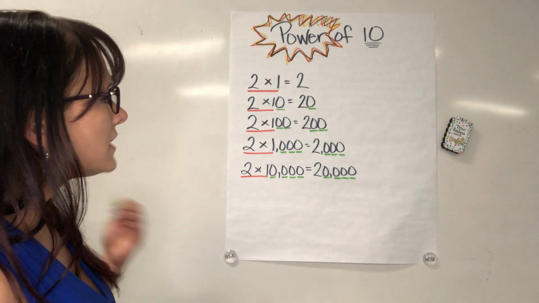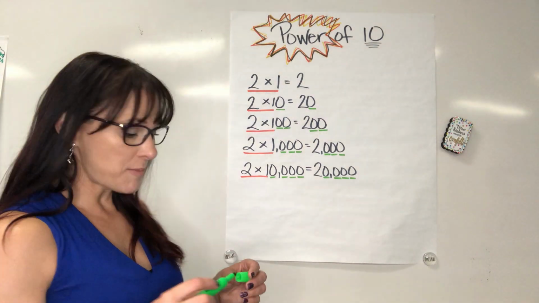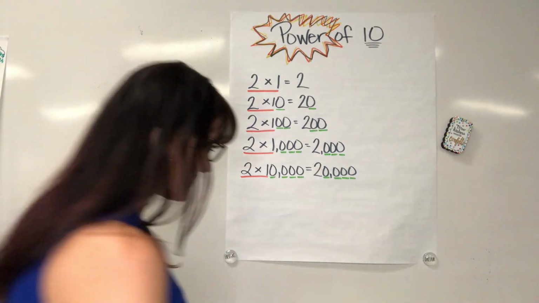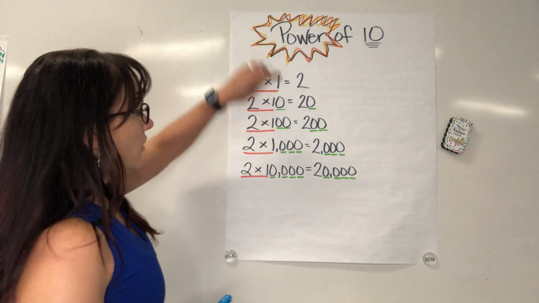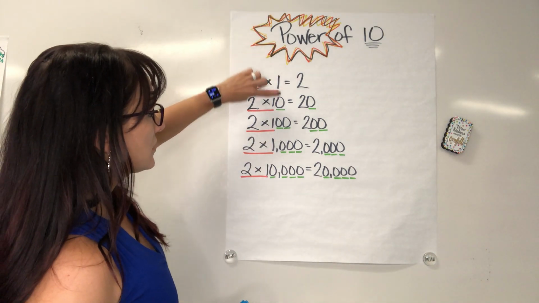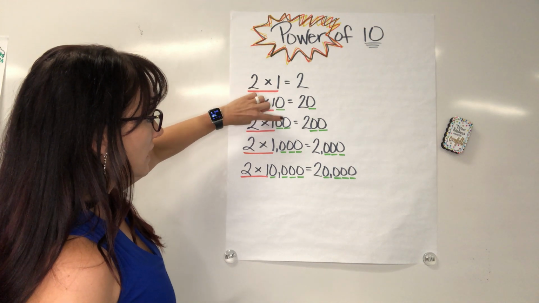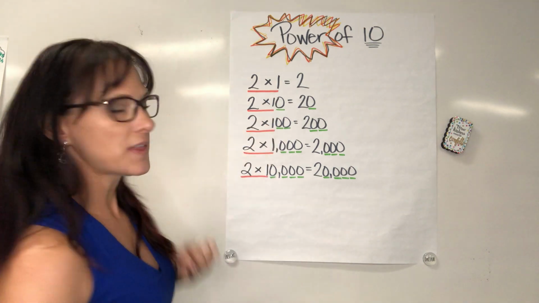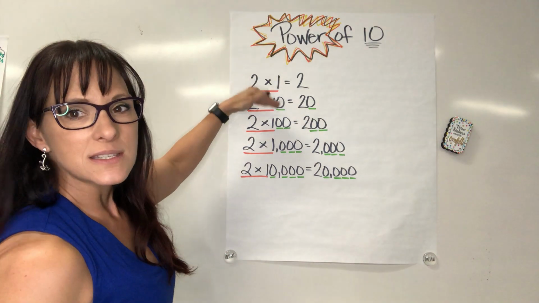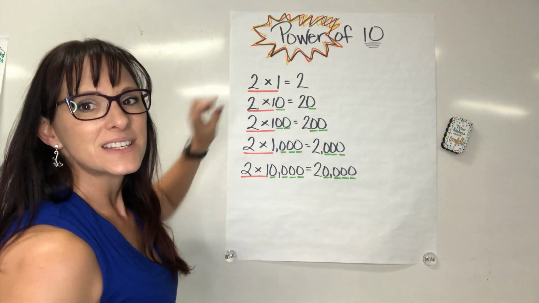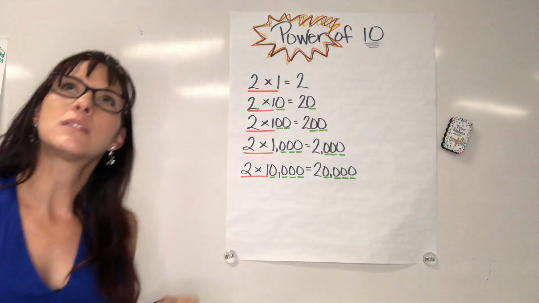Okay? So another thing that I want you to think about, and hopefully you did pick up on this, okay? Usually I have someone who notices what is happening from here to here, and then here to here, and then here to here. Think about place value. How do I get from 1 to 10? How many 1s are in 10? Think.